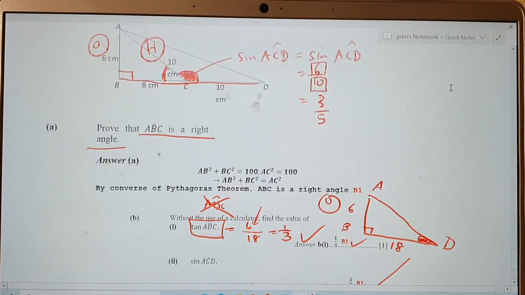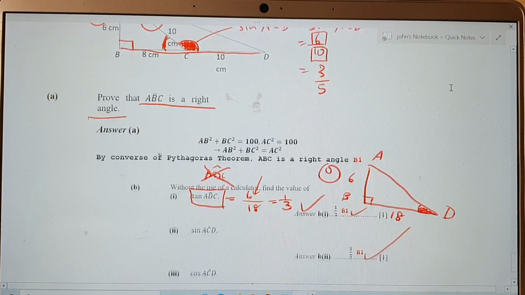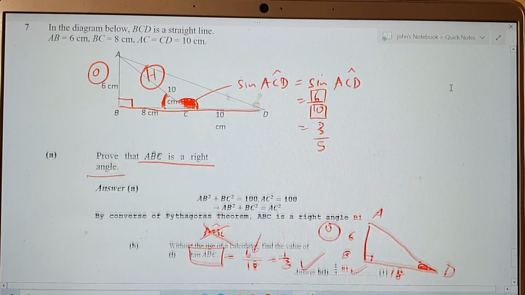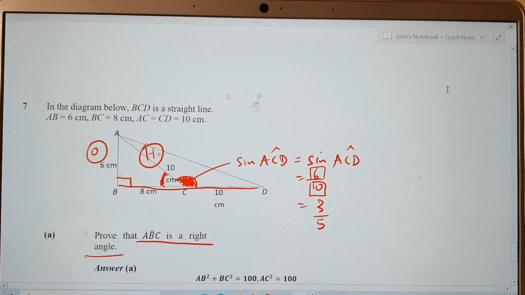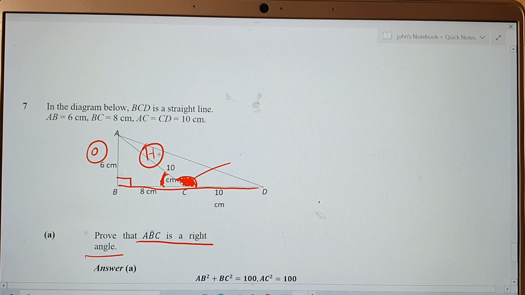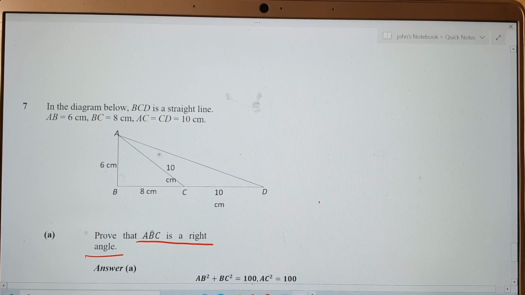Okay, lastly, what do they want you to find? Cosine ACD. Okay, where is cosine ACD? Let me erase all this first. If you haven't copied, you go and rewind your video. Okay, so what is it? Cosine ACD.